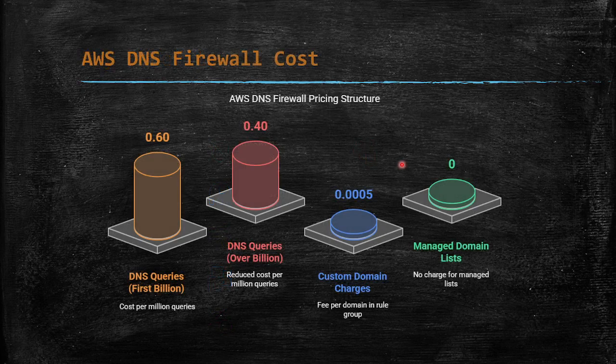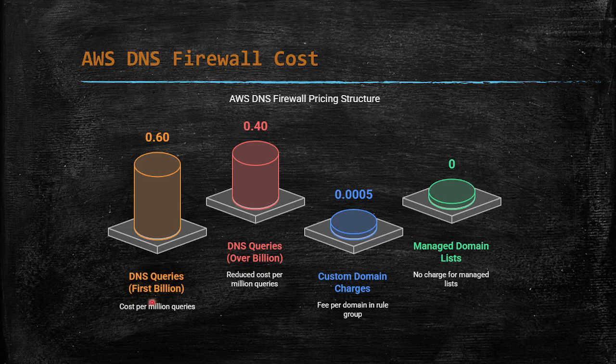AWS DNS firewall cost, right? This is the last part, which I'm going to explain. It has a pricing model. Any DNS query made from your server itself costs $0.60 for the first billion.